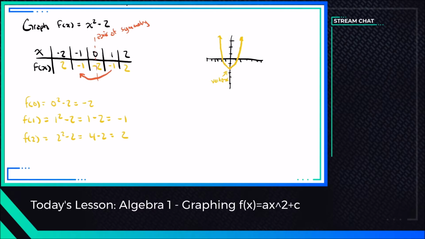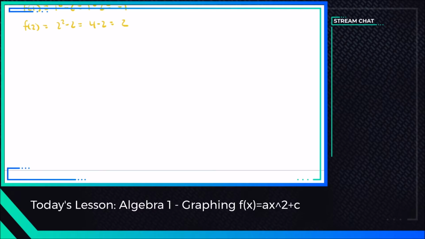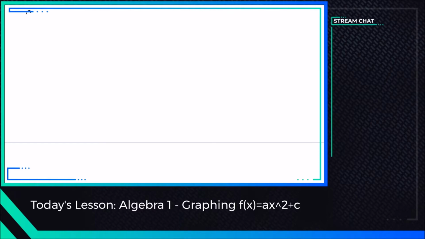And I know you'd probably like to see an example where we do something with some negatives. So why don't we do that as well? We're going to graph f of x equals -0.5x squared plus 2.